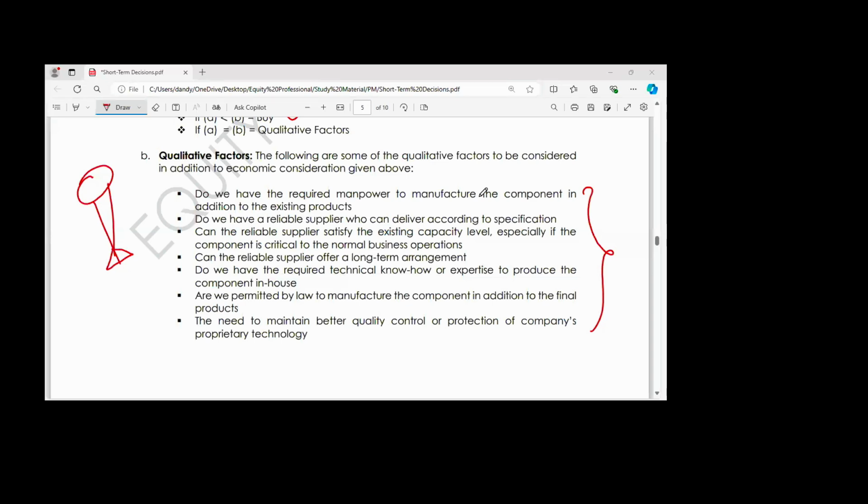I'm saying, if the company produces two products and the two products happen to be complementary, it had made a decision to make one of the products, but then when it considered the second product, the supplier quotation and the relevant cost are the same. Would the fact that both products are complementary come into play when making a qualitative decision to make that product internally?